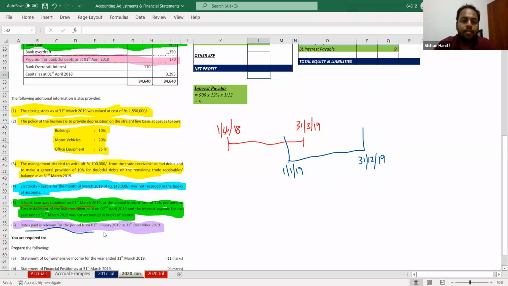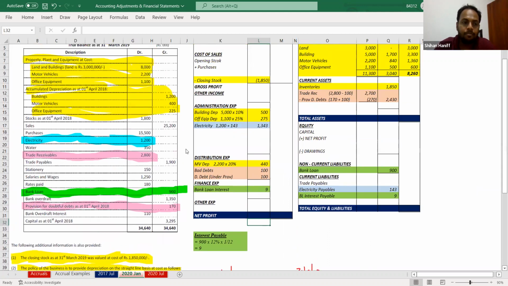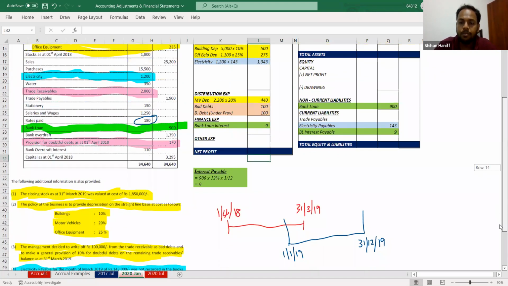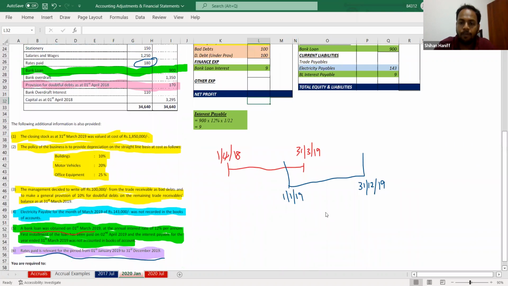Rates paid for 1st of January 2019 to 31st December 2019. So how much is the rate? Rates paid 180. Okay, total 180.